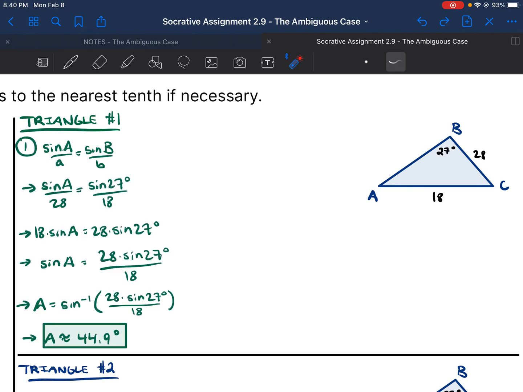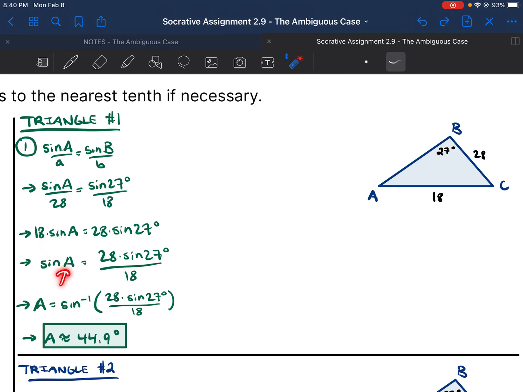Sine of angle A over A equals sine of angle B over B. Plug in the pieces. Notice that angle A is the only thing left to solve. Then we go ahead and cross multiply. We get 18 times the sine of angle A equals 28 times the sine of 27 degrees. Divide both sides by 18.